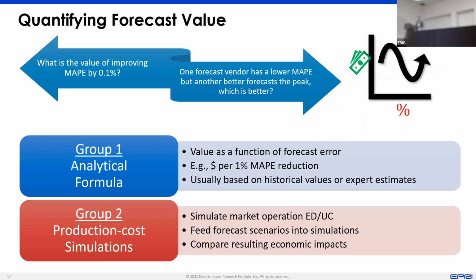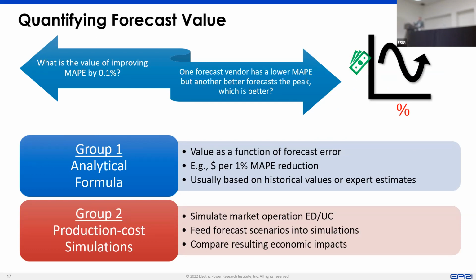The last thing I wanted to mention is around forecast value. I talked about this already as something that we need to think about. And as you're seeing how the markets integrate and use forecasts, thinking through where we get the value of that forecast. There are a number of ways we've done that, and both of them have challenges. One is just to actually look at historical forecast value. So how much did it cost to purchase reserves in the past year?